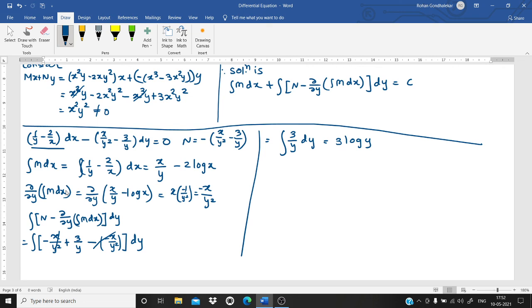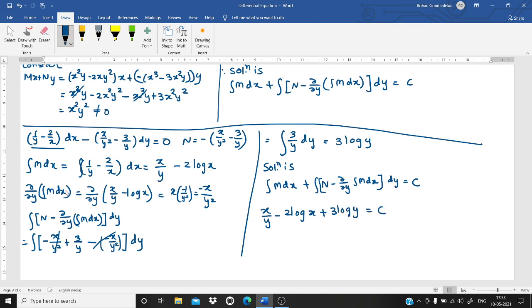So therefore, the final solution is integral M dx plus integral of N minus del by del y of integral M dx, the integration is with respect to y, is equal to c. So what is integral M dx? x upon y minus 2 log x. And what is the second term? 3 times log y is equal to c.